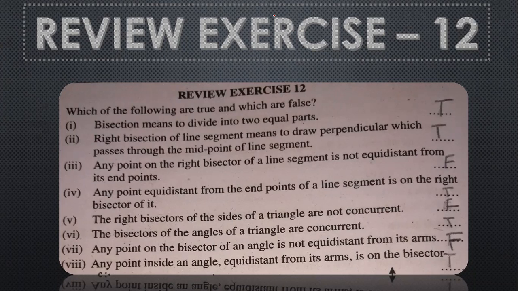Any point inside an angle equidistant from its arms is on the bisector of it. This is true, the statement of theorem 5. The remaining questions are included in your syllabus, but we will do them in 9th senior. Only question 1, true and false, and the theorems are included in 9th junior.